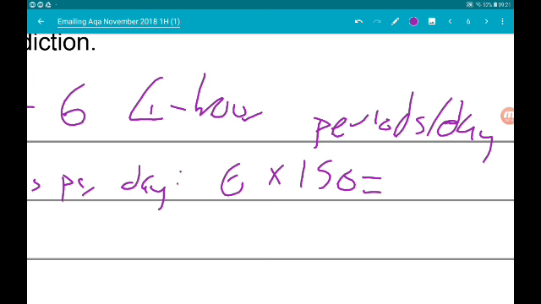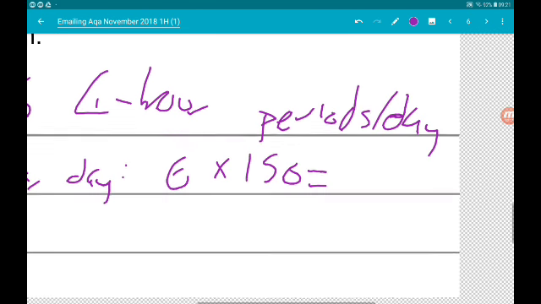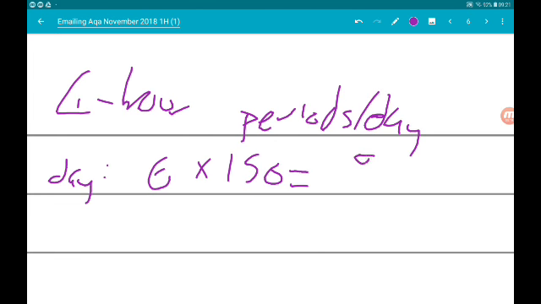So that's 900 planes each day. Okay, now we need to do that times the number of days in 1 year.